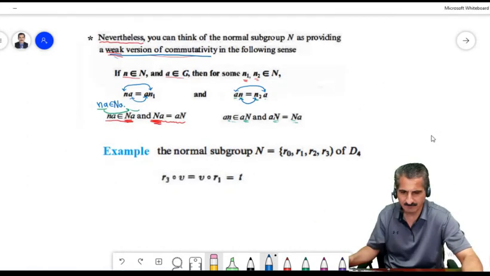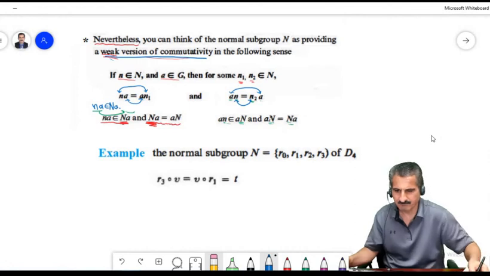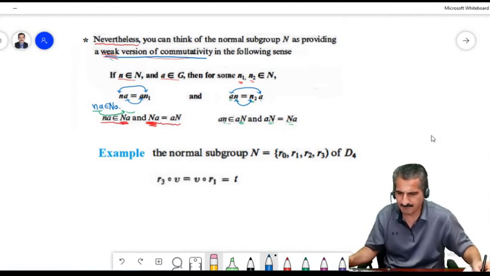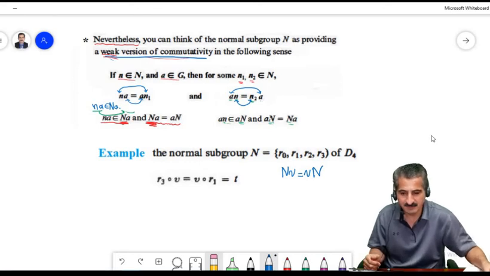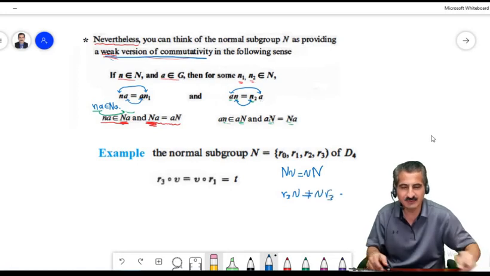Okay, so for this example, we have seen that the left coset of V is the same as the right coset, but V does not commute with R3, right? We have seen R3 compose V does not equal V compose R3.